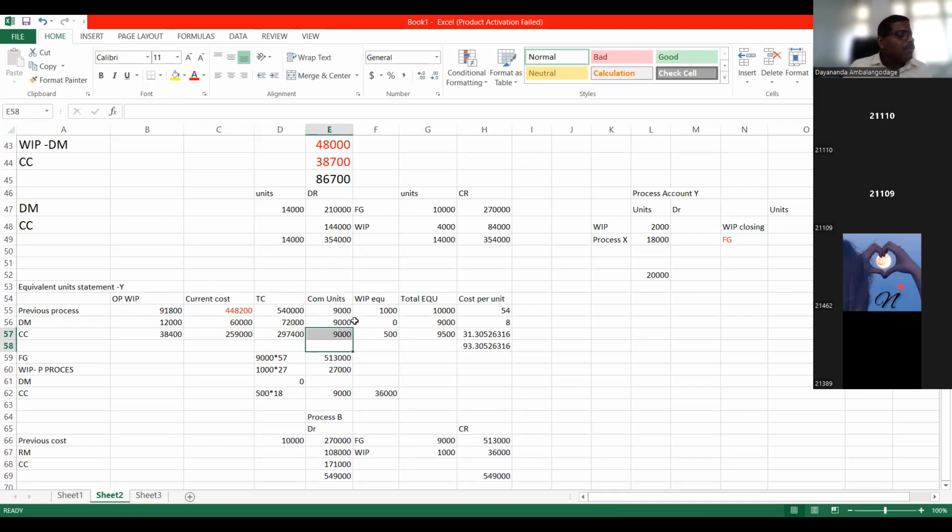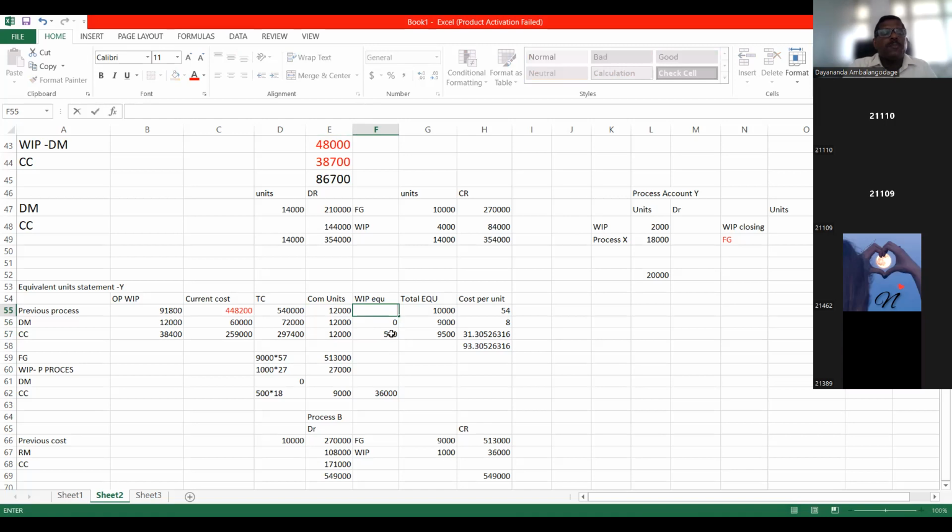Then completed units, as per the question we calculated, are 12,000. So thereby completed units are complete from all perspectives: material wise, conversion cost, and previous cost. WIP closing is 8,000.